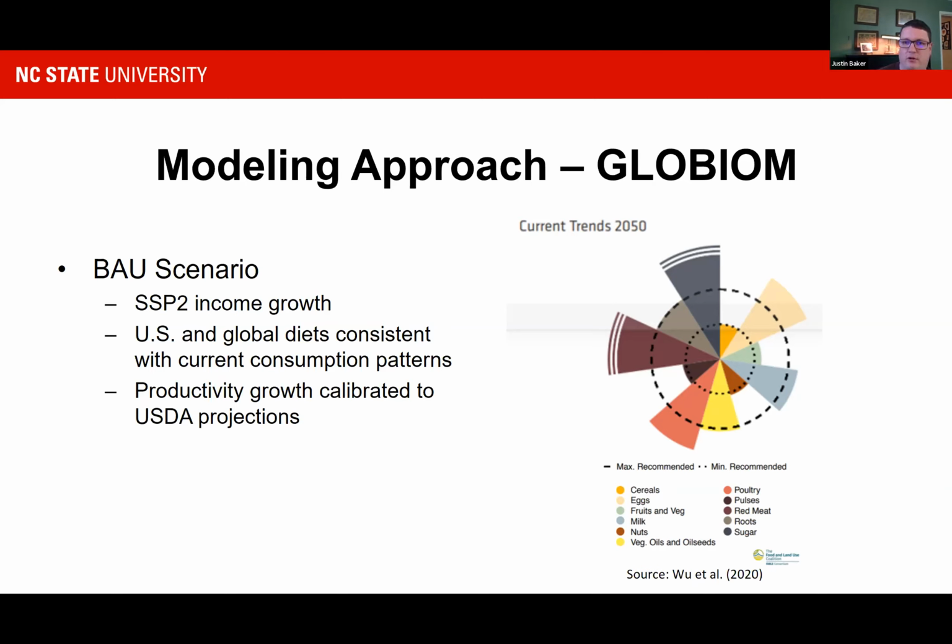If you look at the figure on the right-hand side, this shows our current trends out to 2050. Here you see a very high proportion of caloric intake from red meats, from sugar, from poultry and eggs, all of the things that the healthier diet guidelines established by the USDA would have us cut down on.